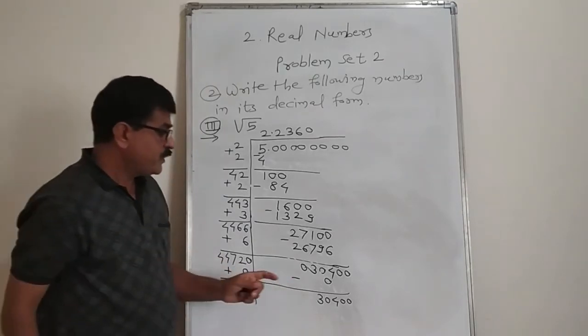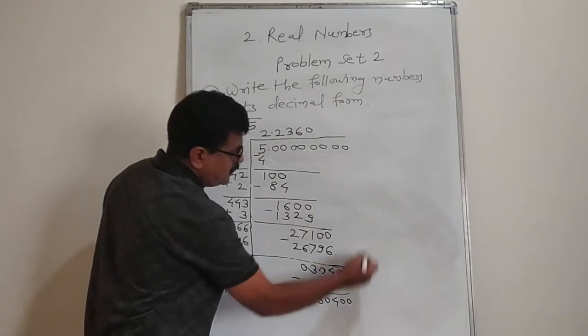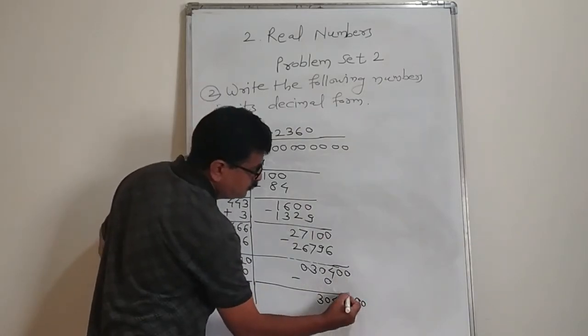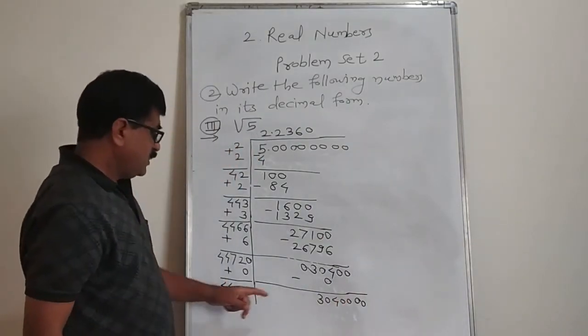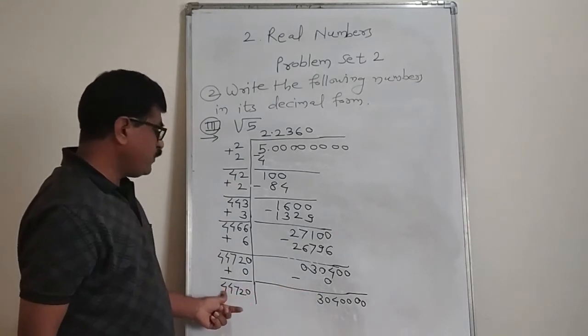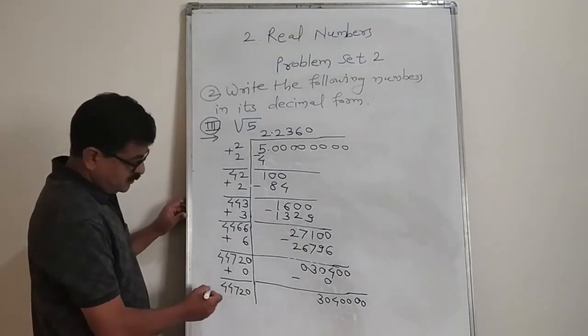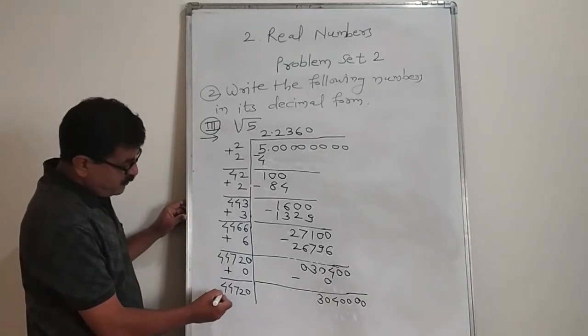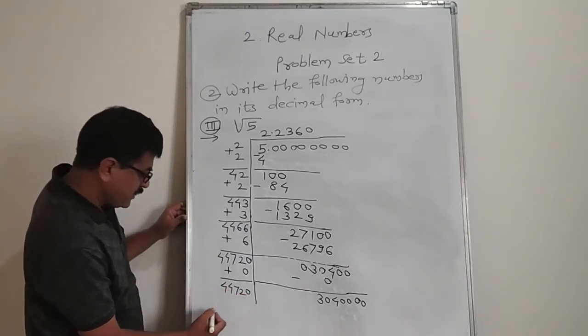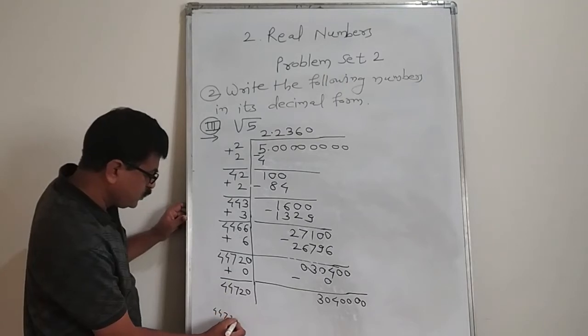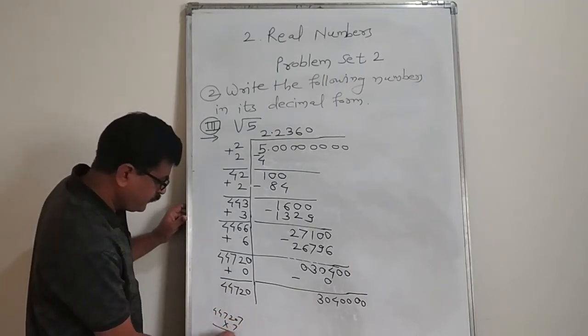Now take another 2 zeros. Now 30 divided by 4, 7. Now if we multiply by 7, first take 447207 into 7.